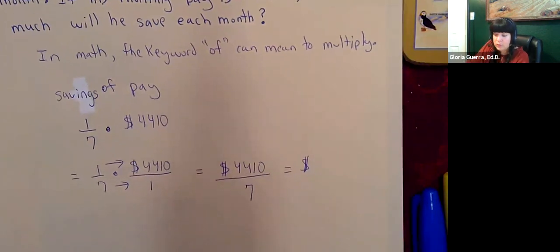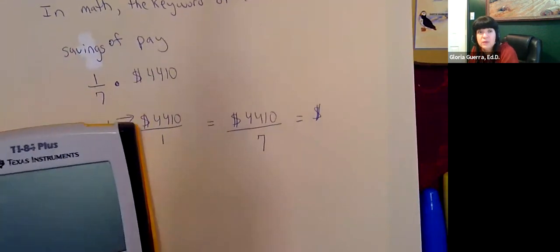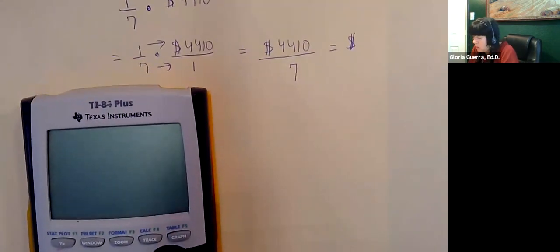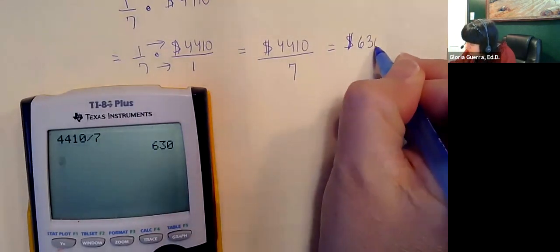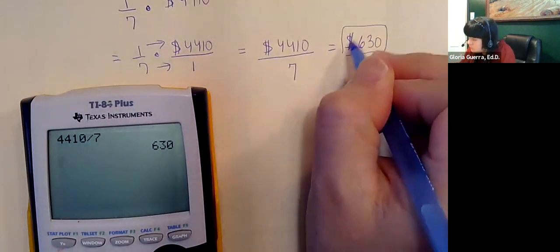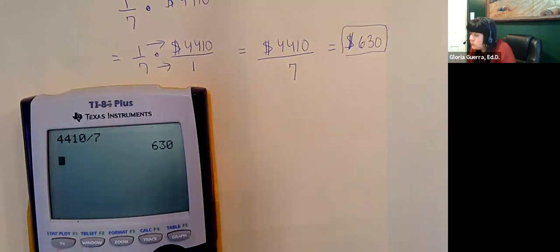And then if we divide, I bet that goes into that evenly. Let's see. 4,410 divided by 7 is 630. Yep. So how much will he save each month?